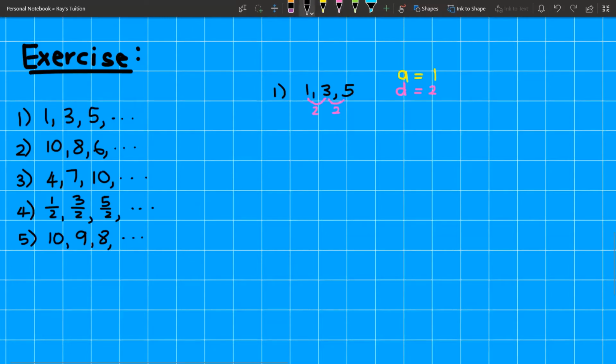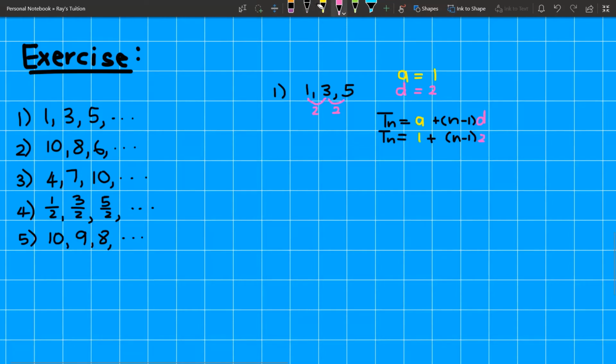We then have our general formula that Tn is equal to A plus n minus 1 times D, and then we substitute our values for A and D. So Tn is equal to 1 plus n minus 1, and our D is 2.